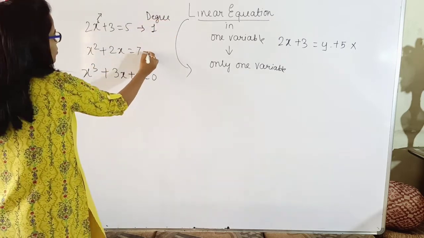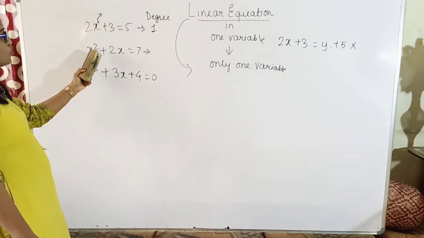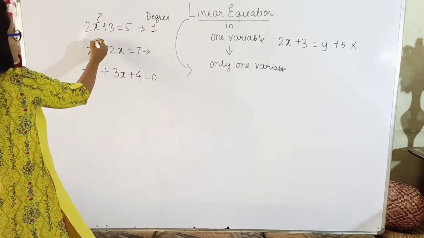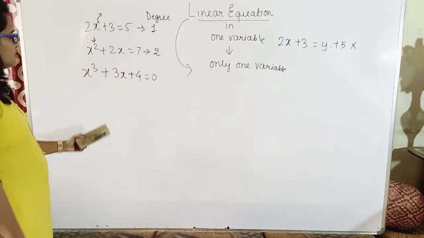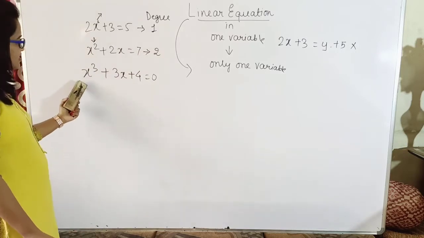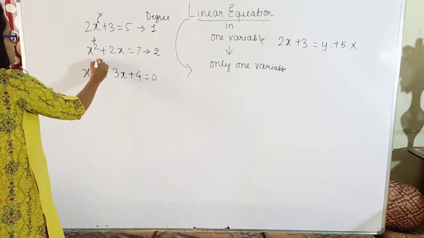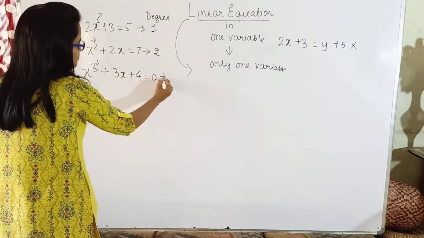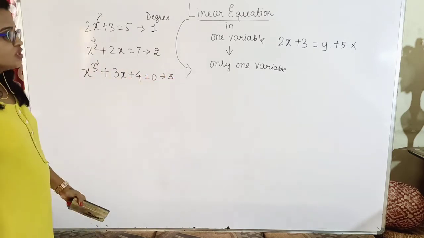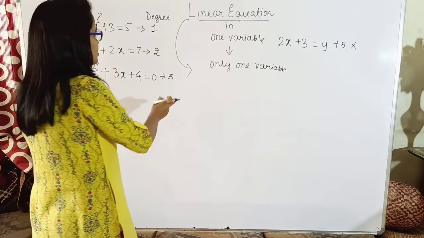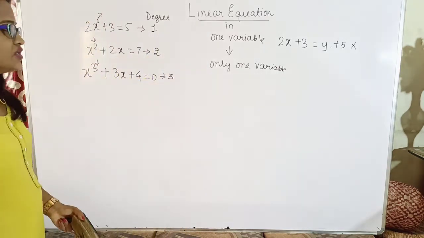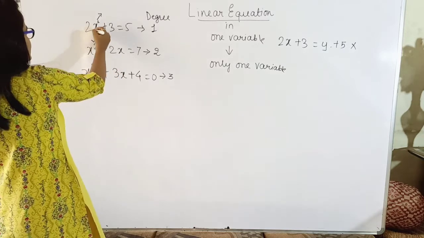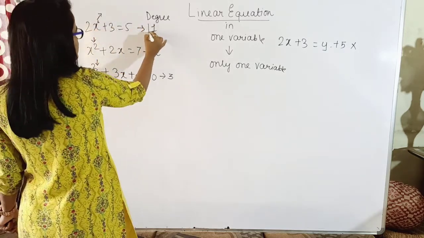Here what is the power? 2 and 1, but we usually take the highest one, so here the degree of the equation is 2, and in this case it is 3, here it is 1, so which is the highest one? 3. Okay, so a linear equation is termed as an equation in which the degree of the variable is 1.